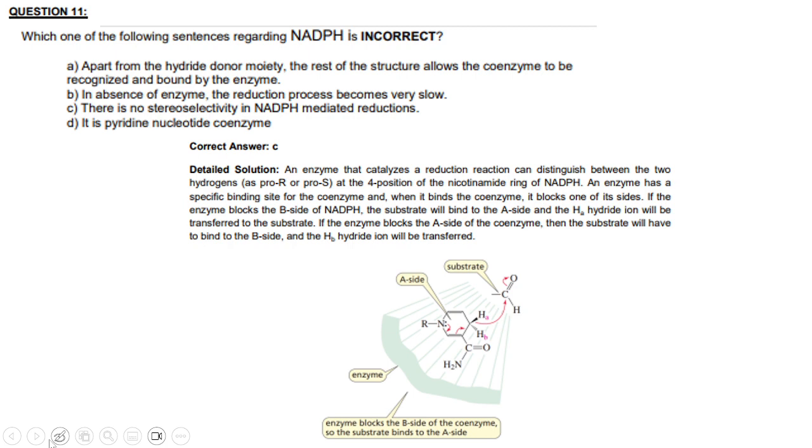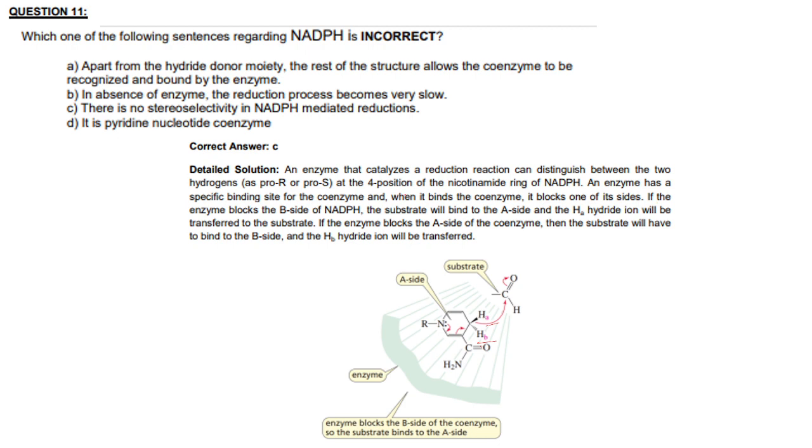So an enzyme that catalyzes the reaction can distinguish between two hydrogens at the fourth position of the nucleotide ring of NADPH. So these are the two hydrogens HA and HB. An enzyme has a specific binding site for the coenzyme, and when it binds to the coenzyme, it blocks one of its sides.